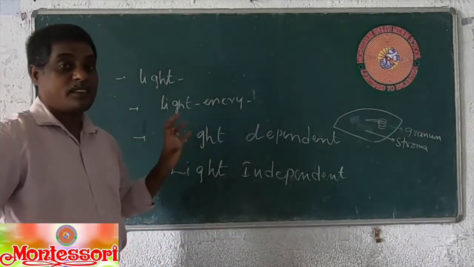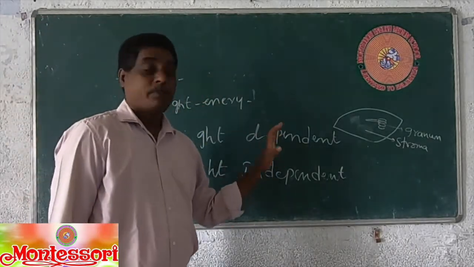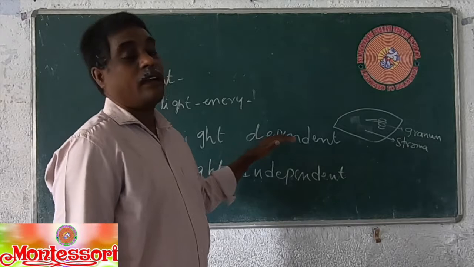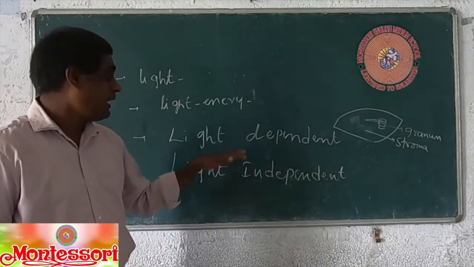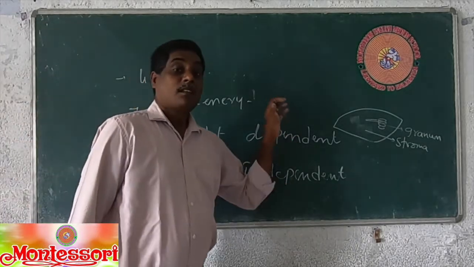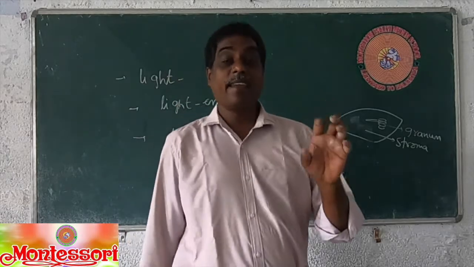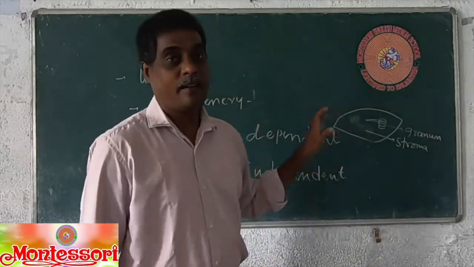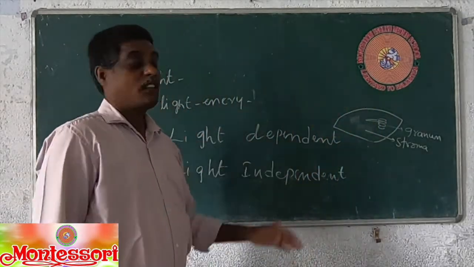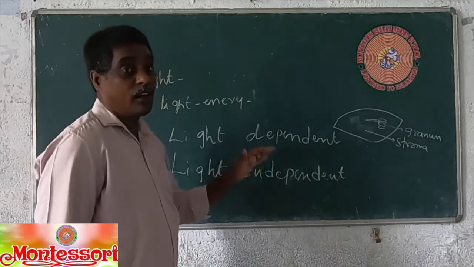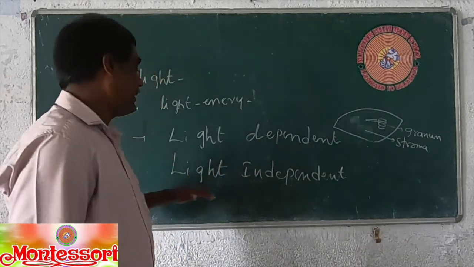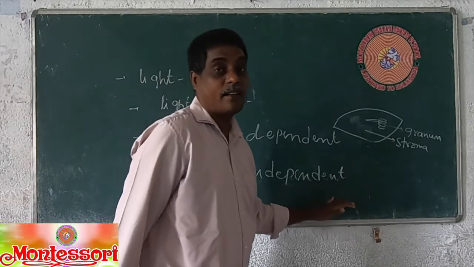So the photosynthetic events are of two types: light dependent and light independent. Light dependent means the events which require light, and the rest of the events, which do not require light, are called light independent reactions.